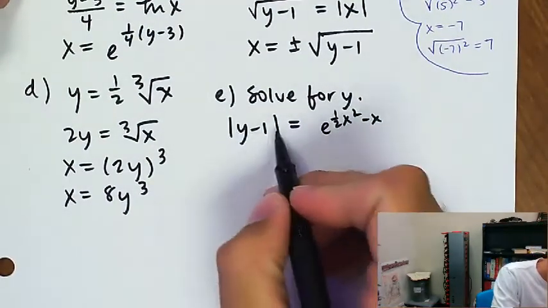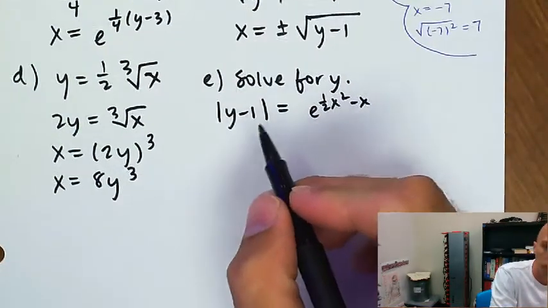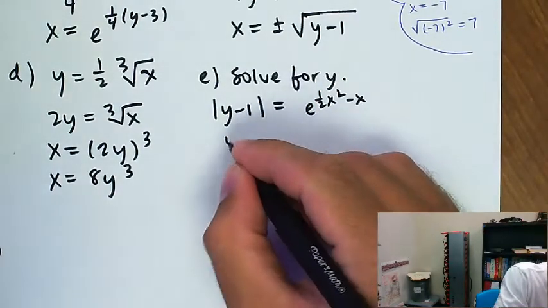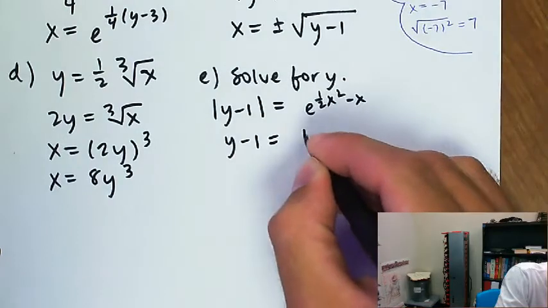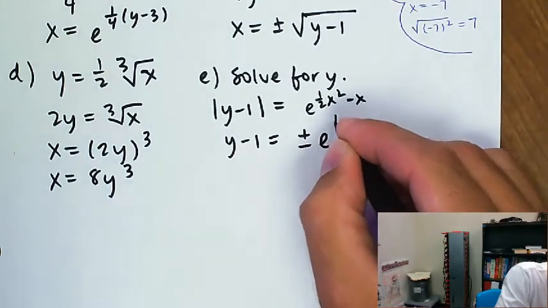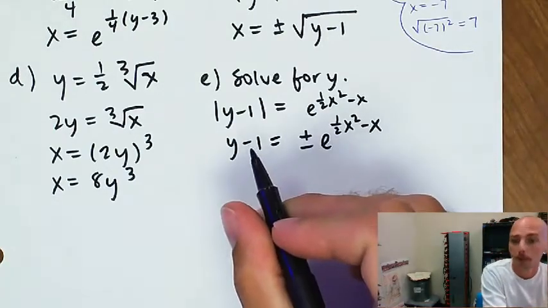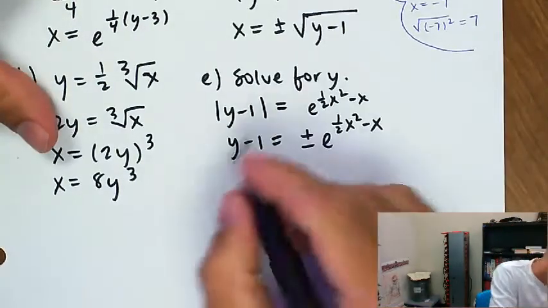Then I'm going to get rid of the absolute value. And if we do that, then we end up with plus minus on the other side. So y minus 1 is plus or minus e to the 1/2 x squared minus x. And then I'm going to solve for y by adding 1 to both sides.